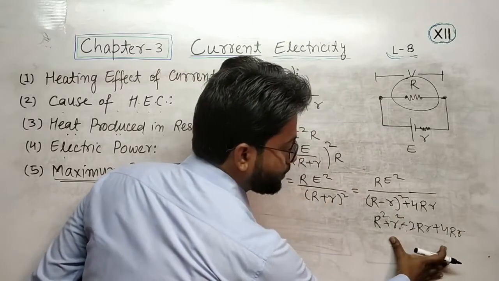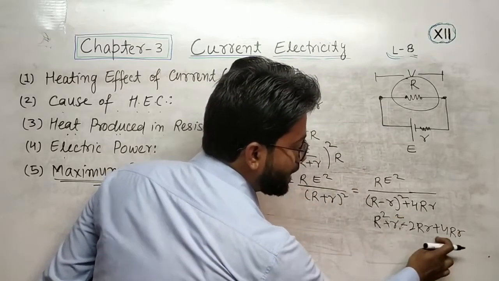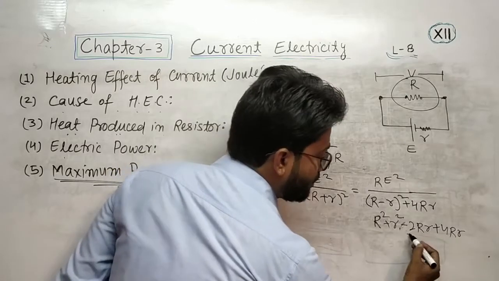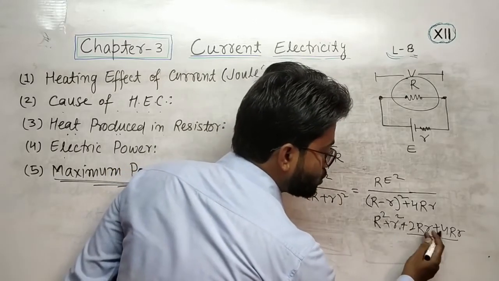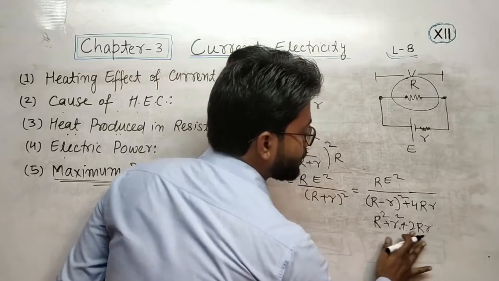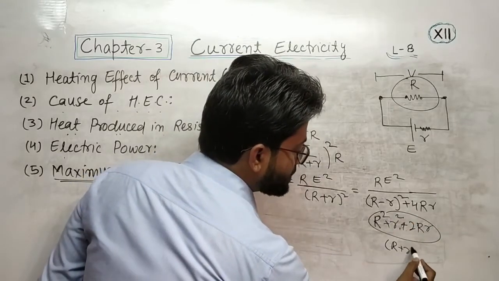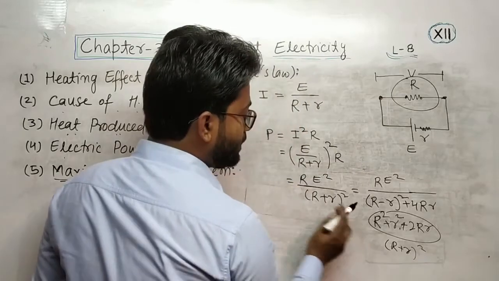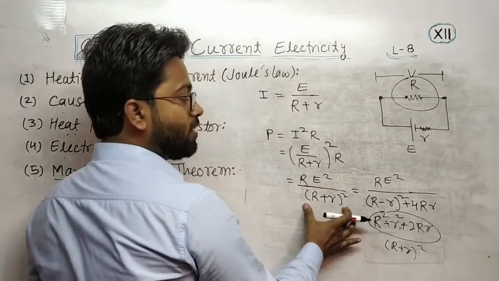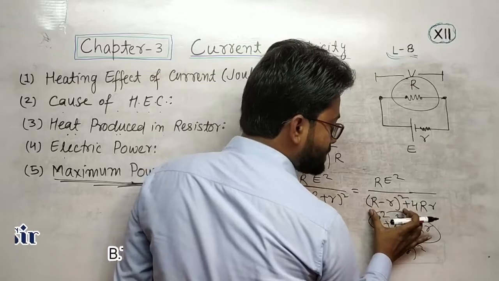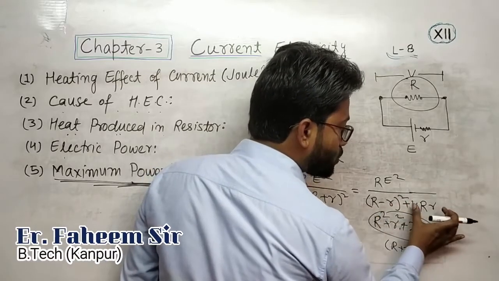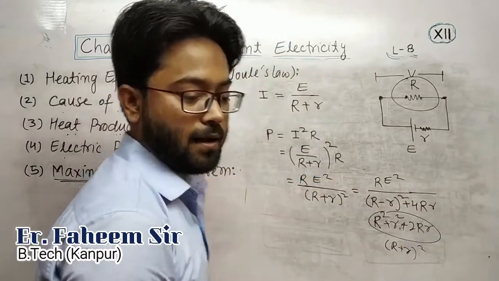Solving these two, minus 2Rr and plus 4Rr, we get plus 2Rr, and this is equal to (R plus r) whole squared. Then in place of (R plus r) whole squared you can write (R minus r) whole squared plus 4Rr.